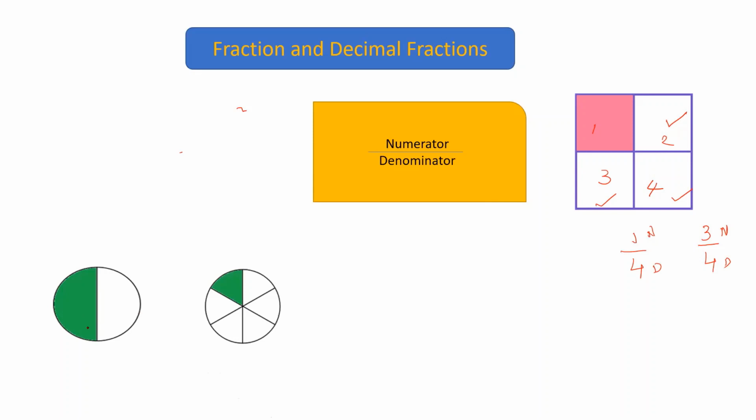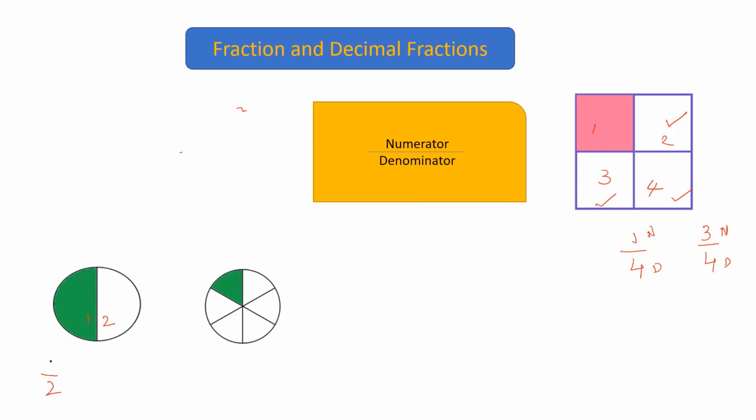Here, a circle. We divided the circle into 2 equal parts. Now I want to write a fraction for the shaded region. For that, in the denominator I have to write the total number of parts, 1 and 2. So write 2 in the denominator. How many parts are shaded here?